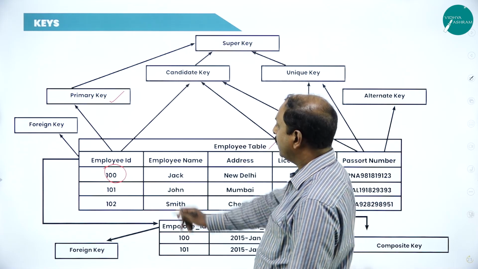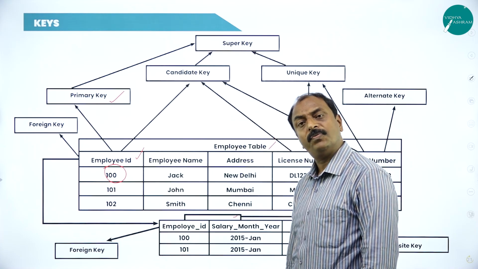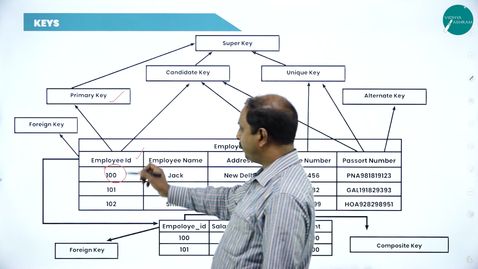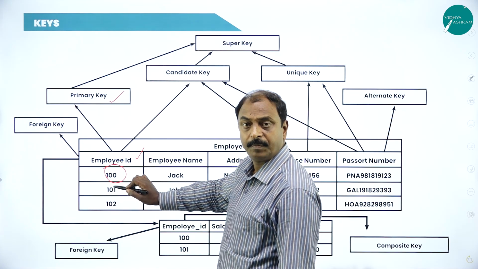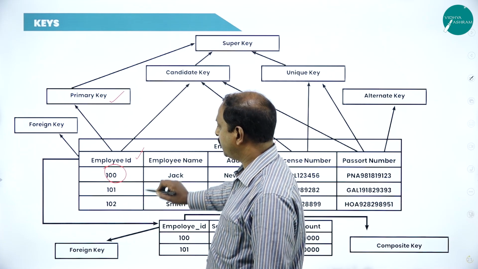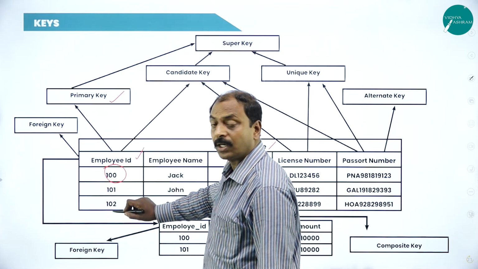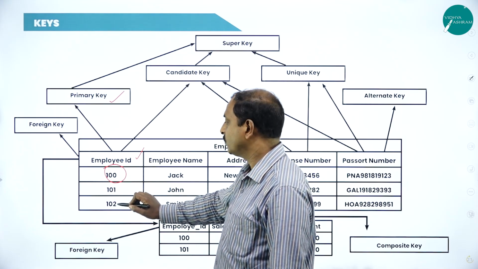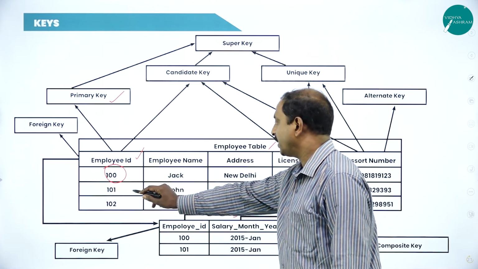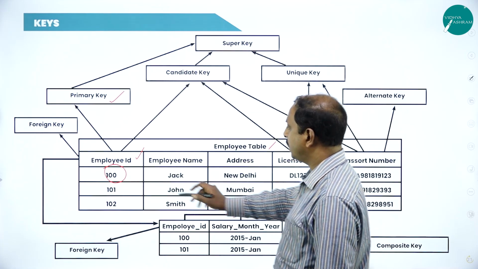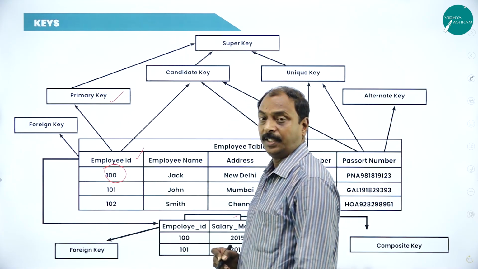A primary key is an attribute or field that is unique among different employees. In this example, no two records have the same value of this column, employee ID. This is one record, second record, third record, and these are unique. So this is called a primary key.